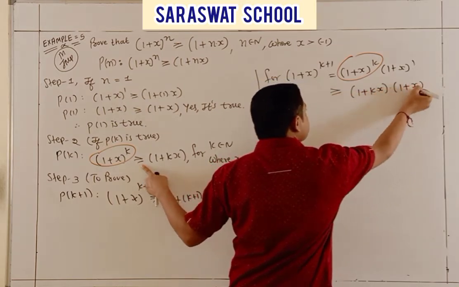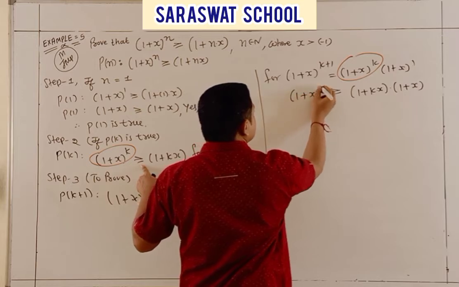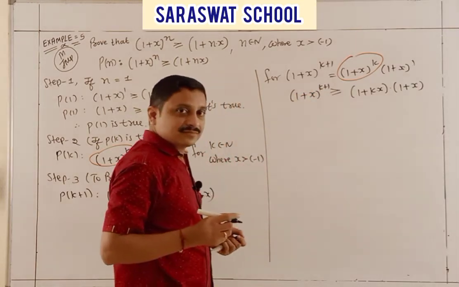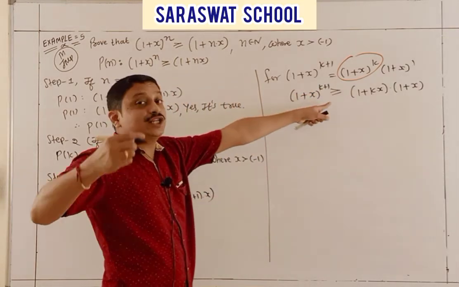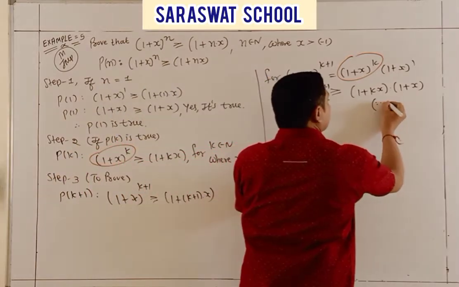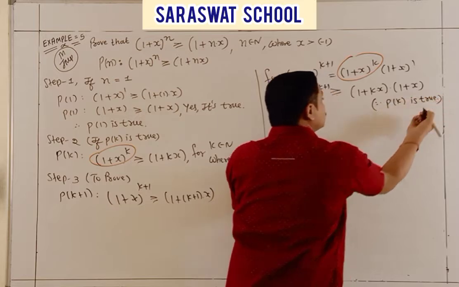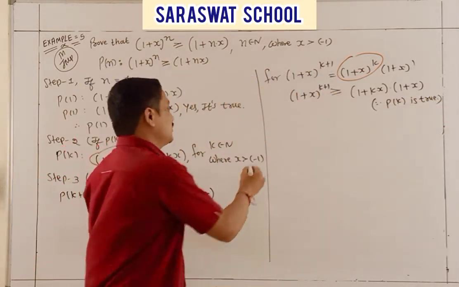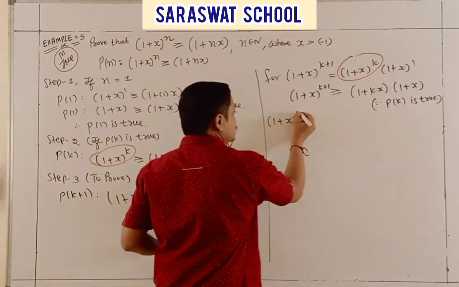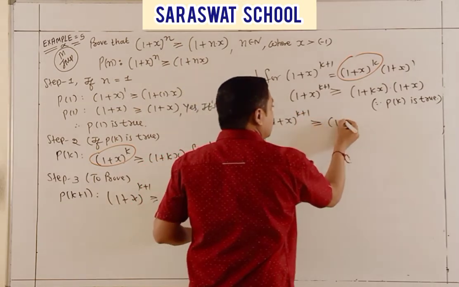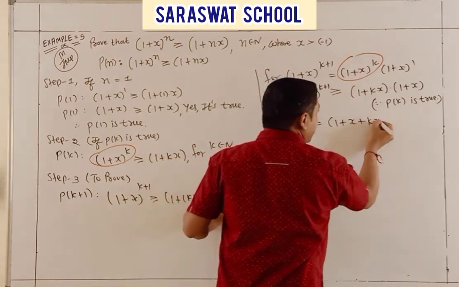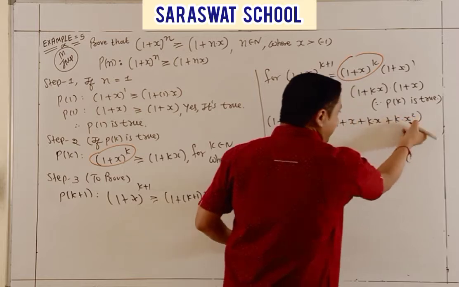Other same, and here also same. Now you are going to greater than or equal to, and mention here because P(k) is true. So 1 plus x raised to k plus 1 is greater than or equal to 1 plus x plus kx plus kx square.